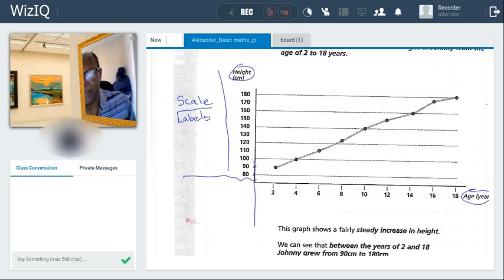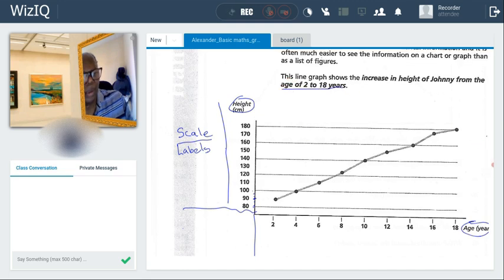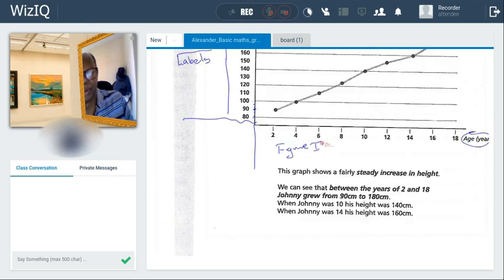So in your graph, you need to make clear what these labels are. There's also a label here which is missing. He has put it up there, but it should not be there. It should be down here. This label would have been a figure or table 1, and then obviously it's showing what this graph is showing.